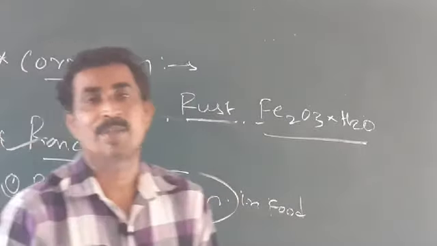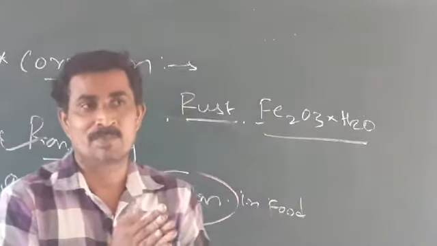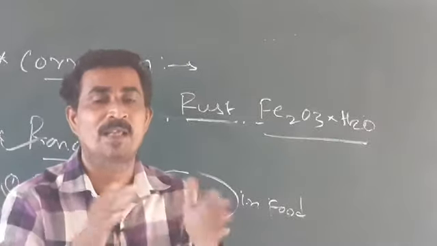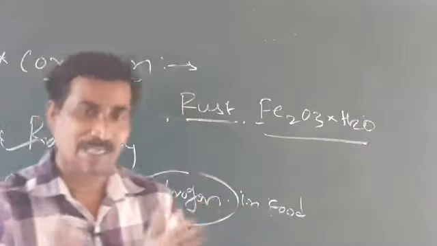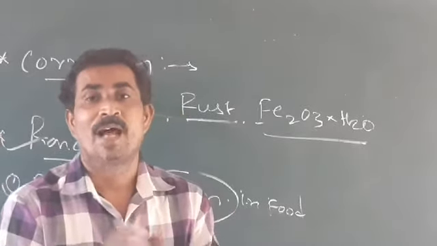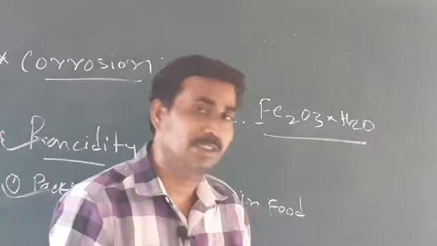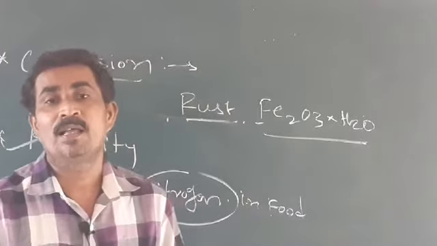When you open a chips packet and observe the outside, there is a lot of gas inside that you cannot press out; that is nitrogen, and nitrogen helps the food not to spoil.